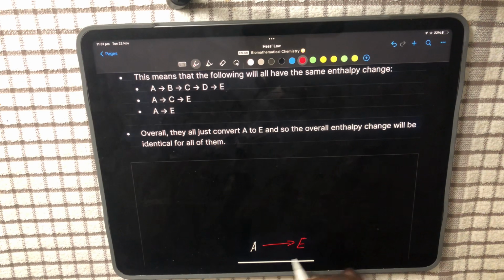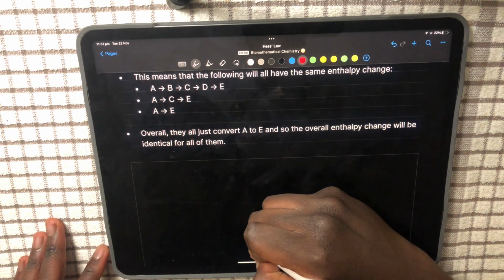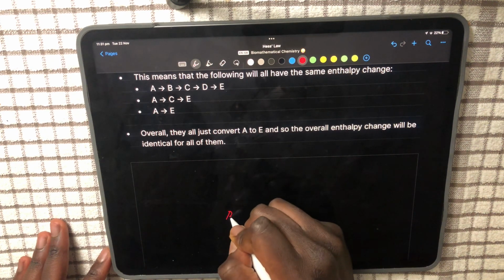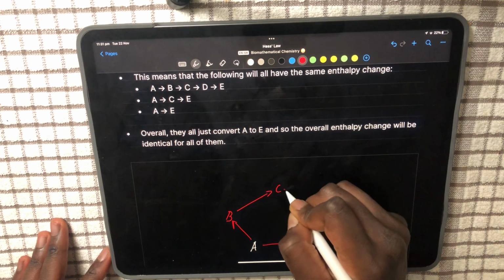So if I want to go from here to here, right, but we don't know what this is. Let's say we aren't able to know what going from here to here is, right? But we know what A to B is. We know what B to C is. And I think you can get what I'm trying to say here.